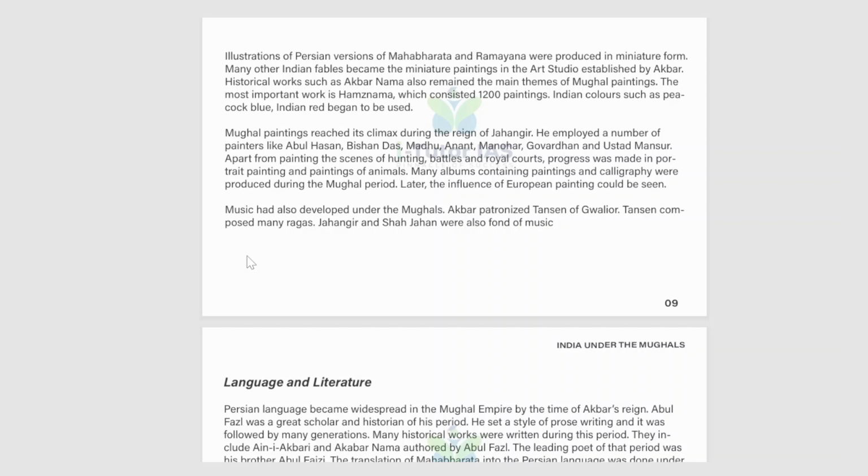Many albums containing paintings and calligraphy were produced during the Mughal period. Later, the influence of European painting could be seen. Music had also developed under the Mughals, and Akbar patronized Tansen of Gwalior, who composed many ragas. Jahangir and Shah Jahan were also fond of music.